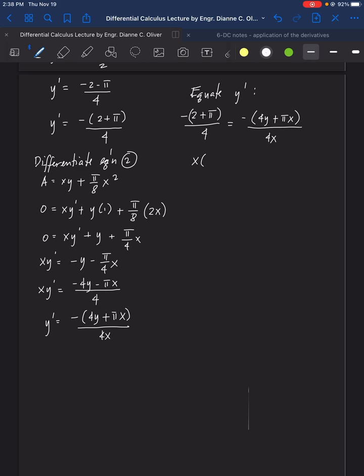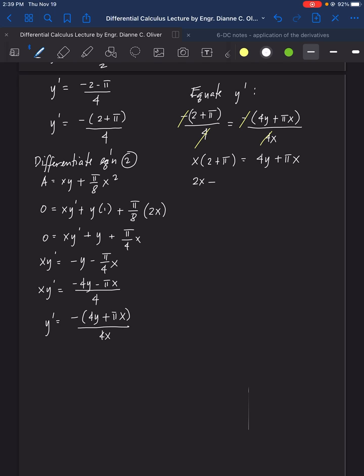So x times 2 plus pi equals 4y plus pi x.